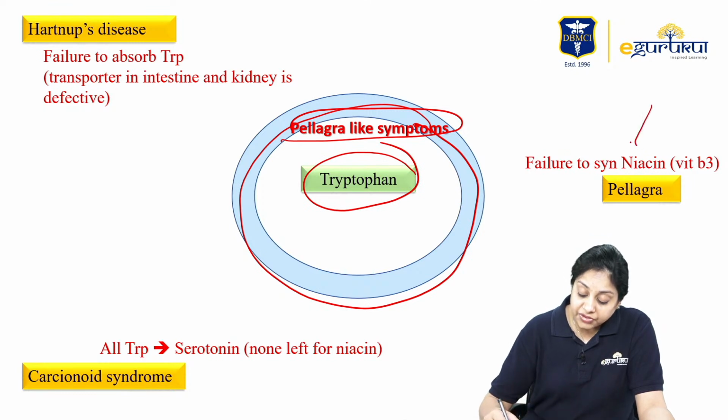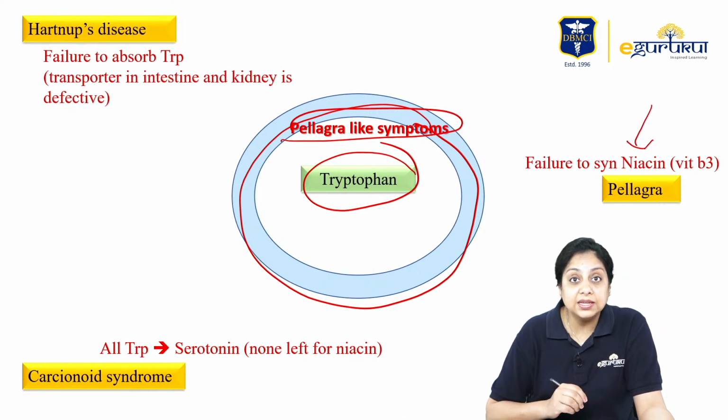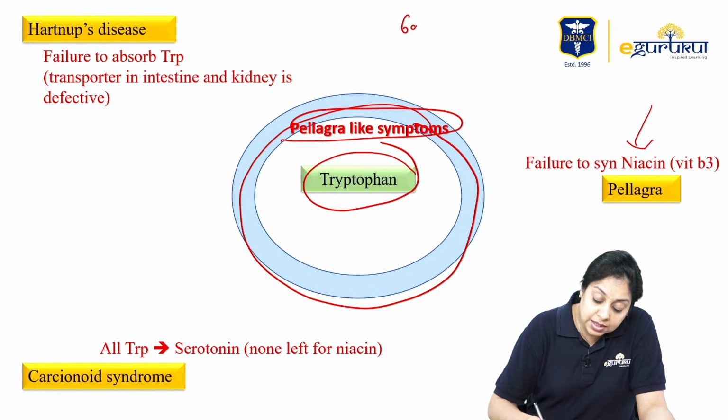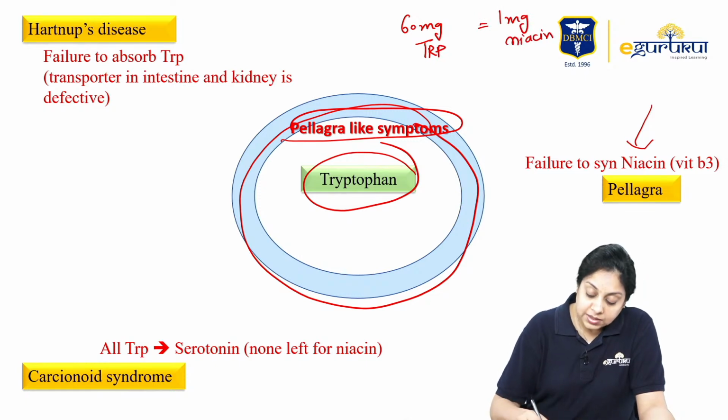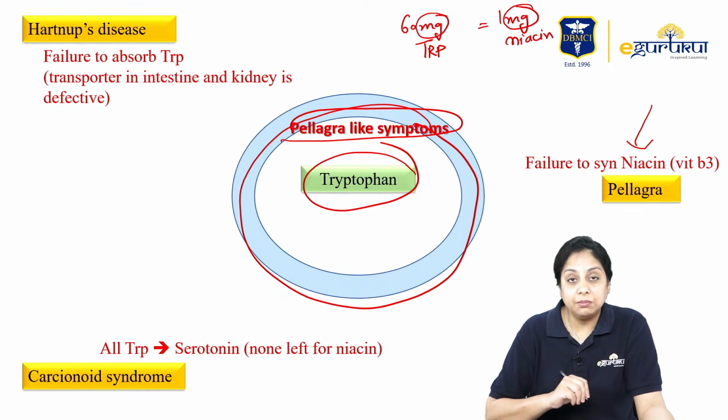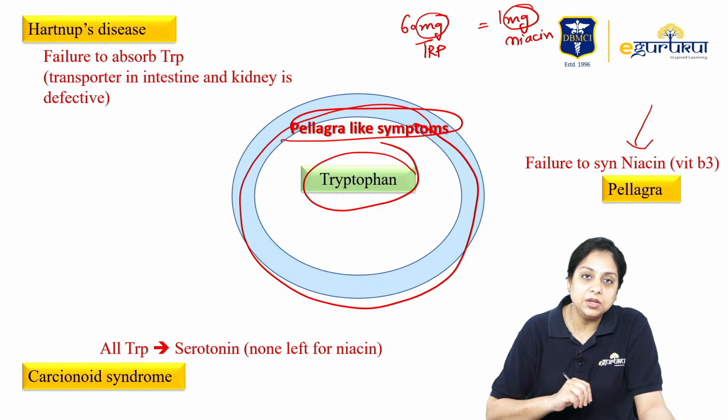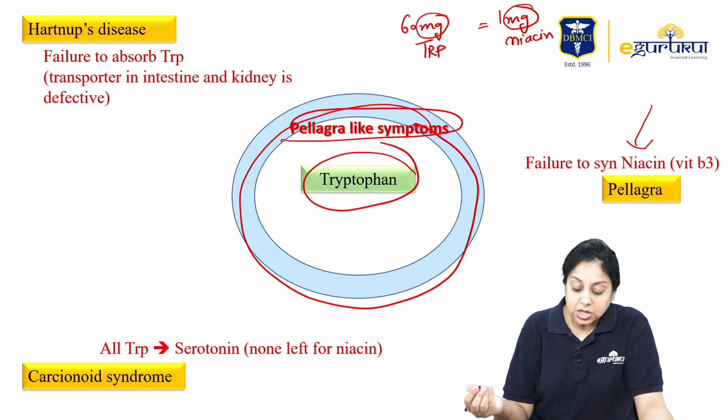If there is a failure to synthesize niacin from tryptophan, 60 milligram of tryptophan gives you 1 milligram of niacin. Remember this, these units must be the same. Either they will use gram or they will use milligram.